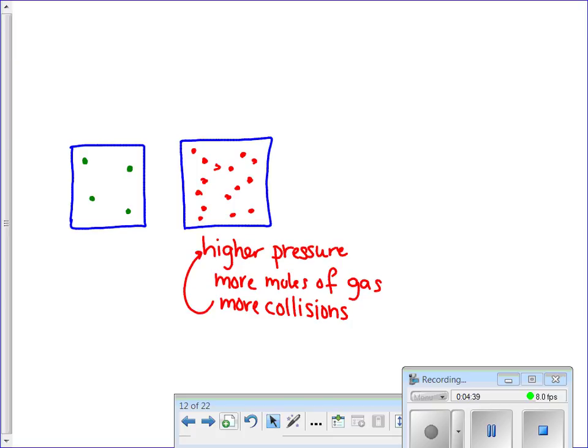The container on the left will have a lower pressure because there are fewer moles of gas, and as a result there are fewer collisions. Okay? So the pressure is directly related to the number of moles of gas in the system and how many collisions there are. And it's also related to the volume or the area.